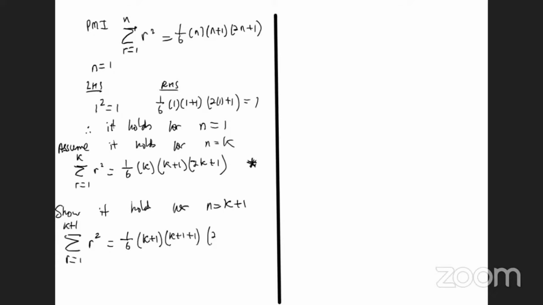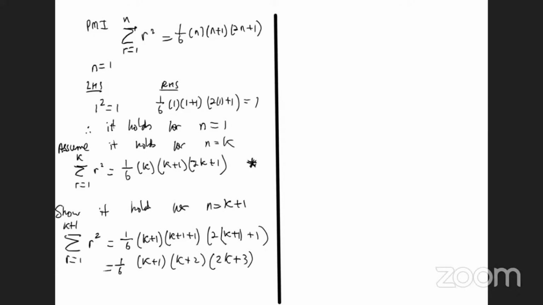And here I'm going to write 2. Notice I'm going to put my brackets because I don't want to make a mistake and simplify it wrong. So I'm ending up with 1/6 (k+1)(k+2)(2k+3). The objective of the whole proof now is to be able to prove this part here.